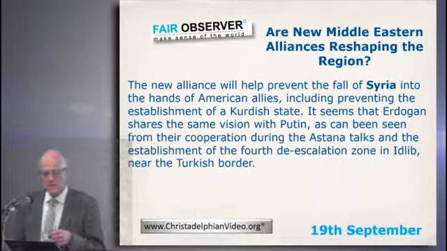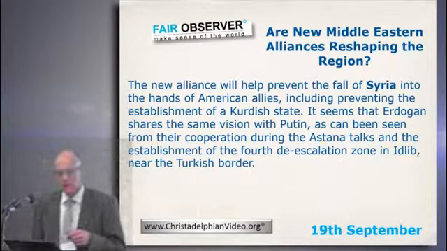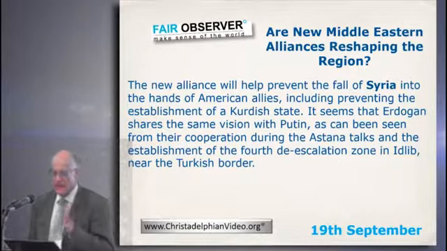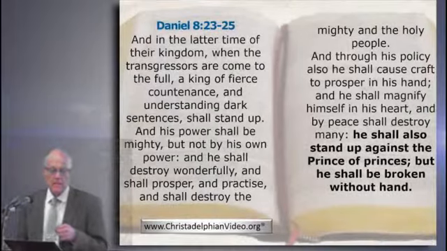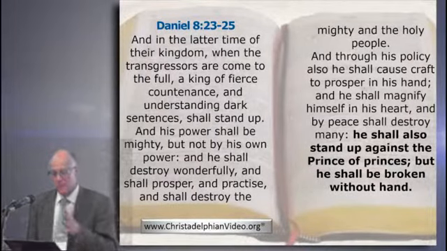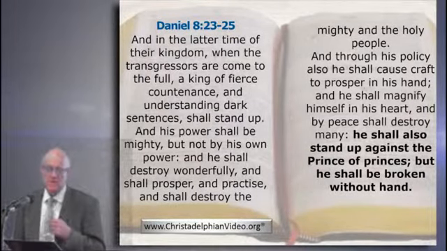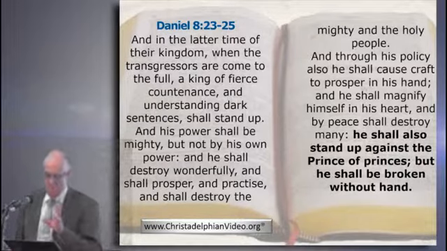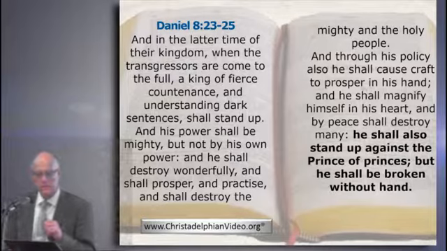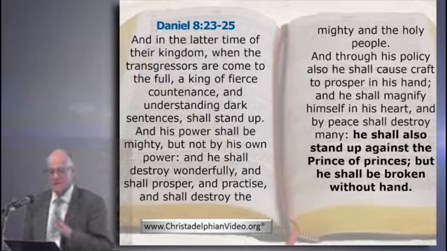So here we have a situation of a latter-day expression of the power of the little horn of the goat, the military might of the Roman Empire, which, as I say, moved up to Russia, to the Third Rome, and we now see it in its latter-day manifestation.